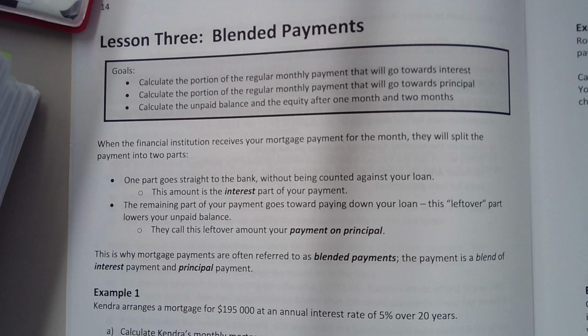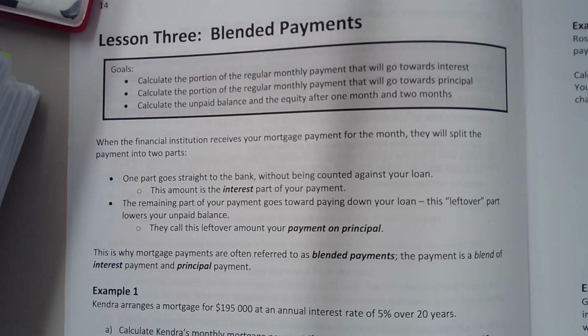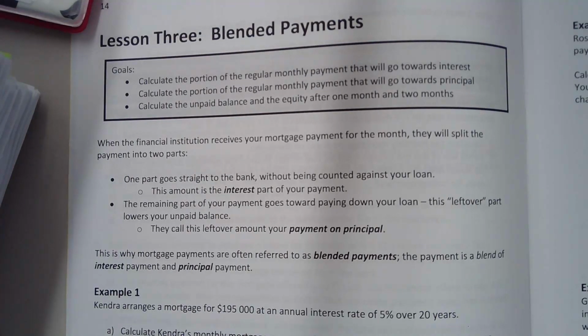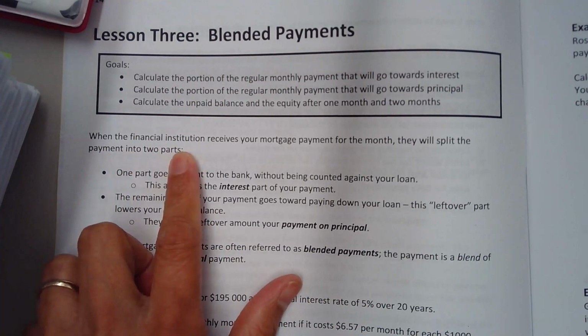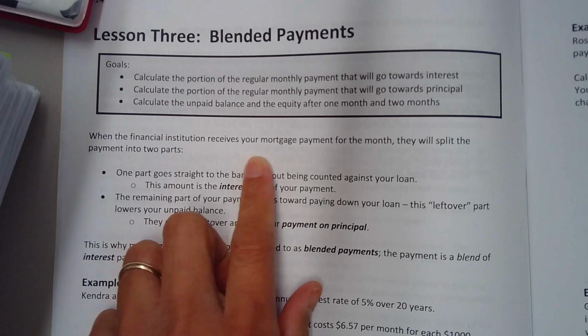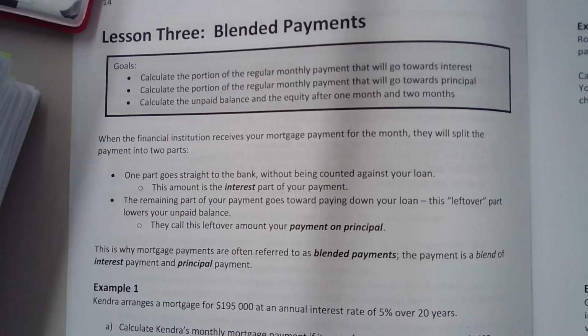Part of it goes to the bank as interest, and part of it pays off the loan. Our third part is to calculate the unpaid balance and the equity after 1 month and 2 months.